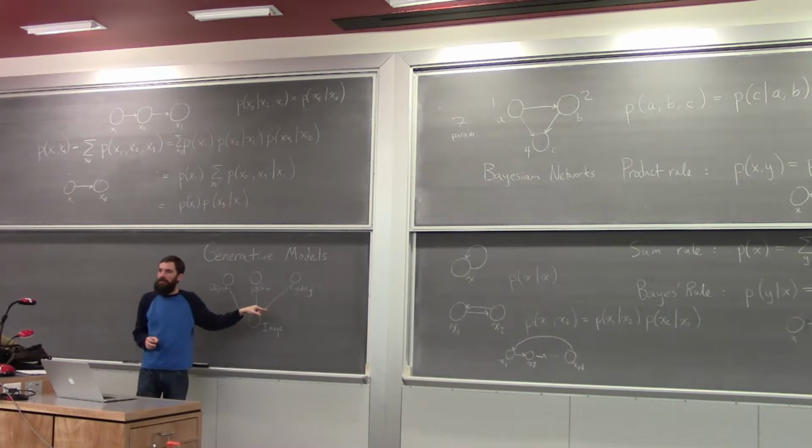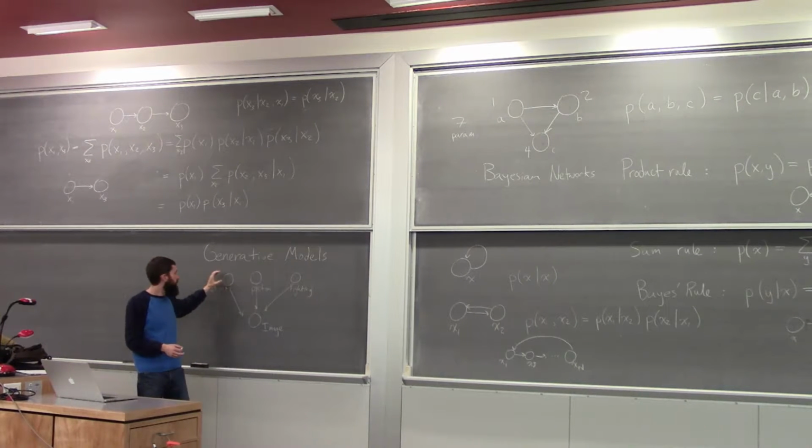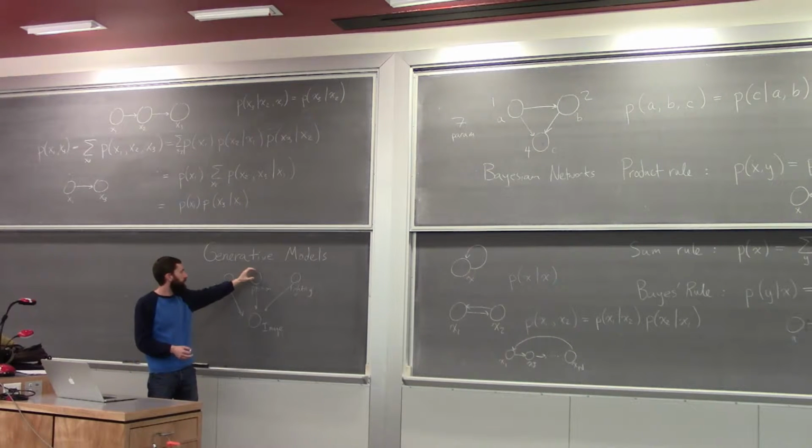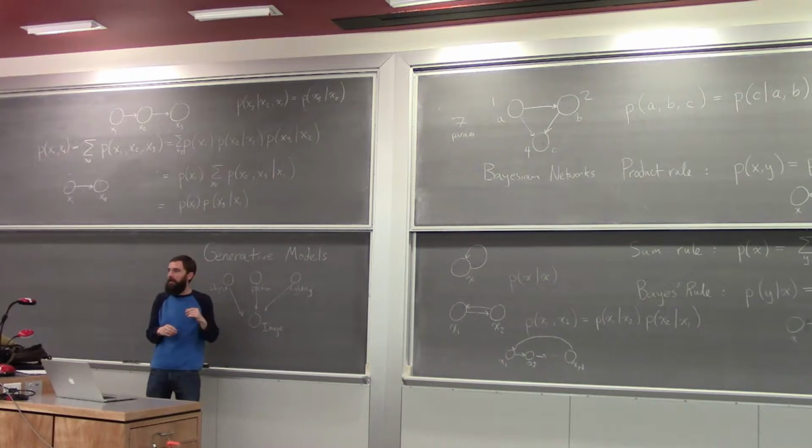The arrows say that if I want to sample from a graphical model, I can't sample images directly, because I only know their conditional distribution given these things. But what I can do is first sample what the random object is, then sample its random position, then maybe sample random lighting, and then put all those together to get an image.